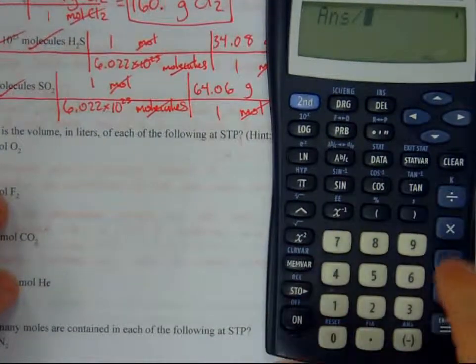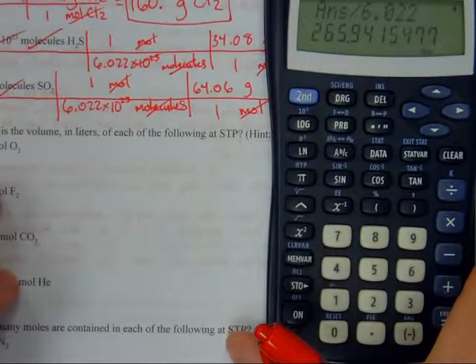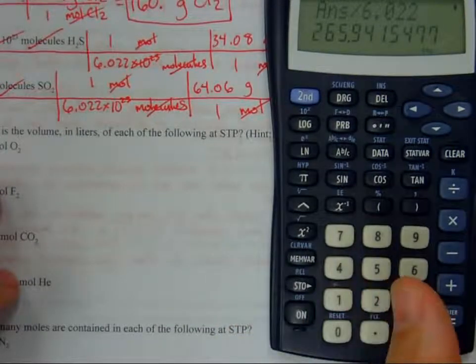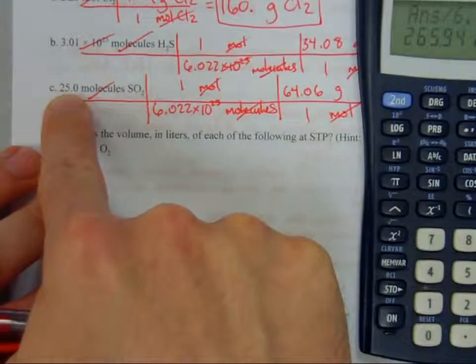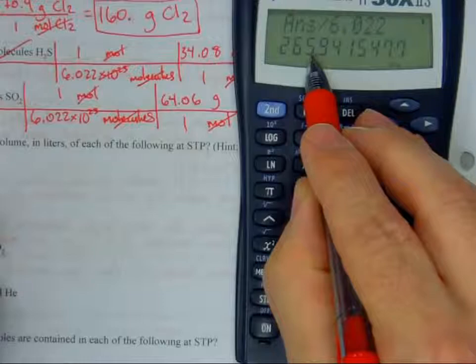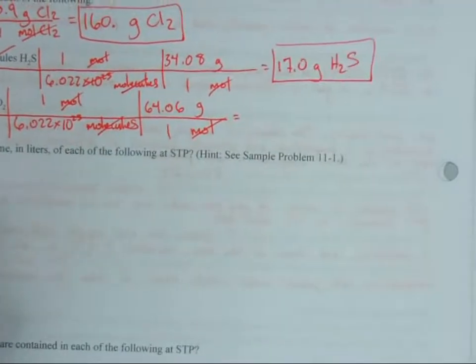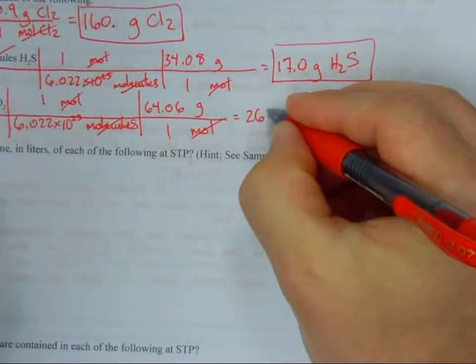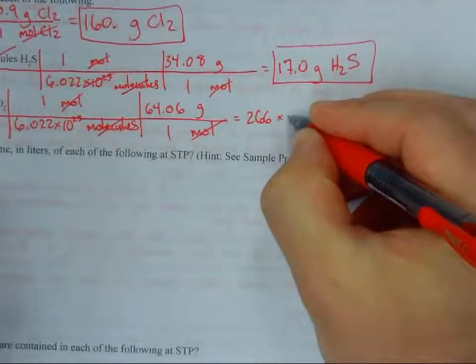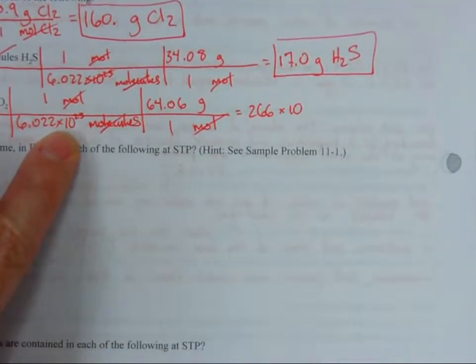Then divide. Okay, so 3 sig figs right there. My answer is going to round to that spot. So that 9 tells me to round this up. So I'm going to go 266 times 10. Oh, we divided by an exponent.